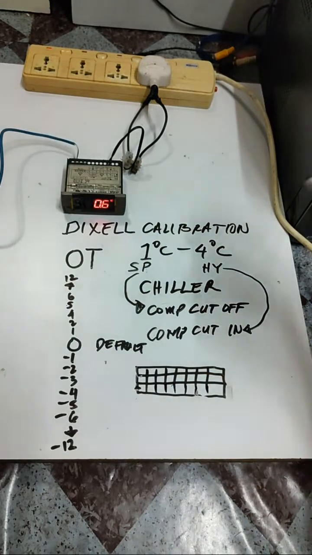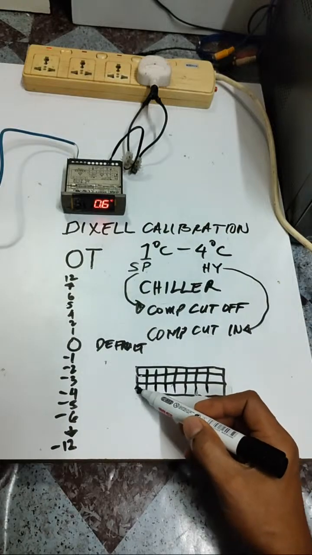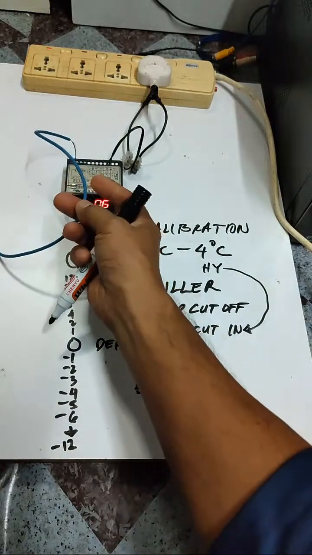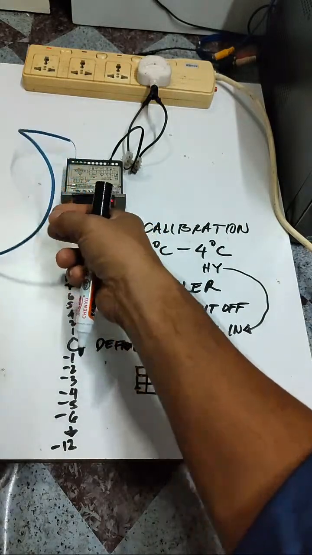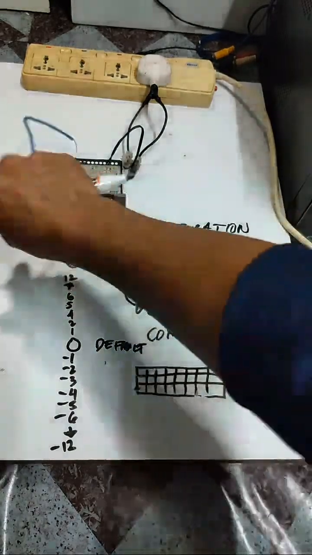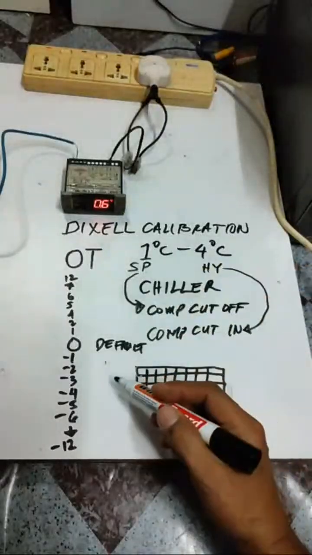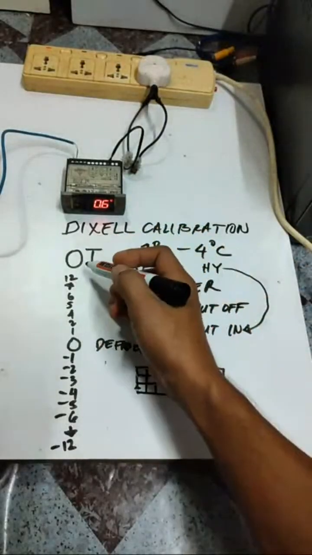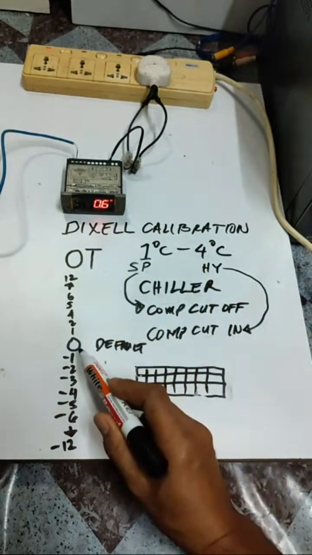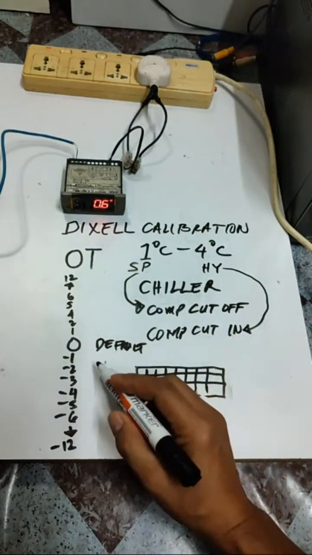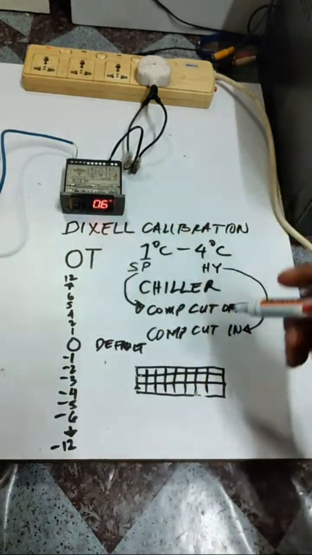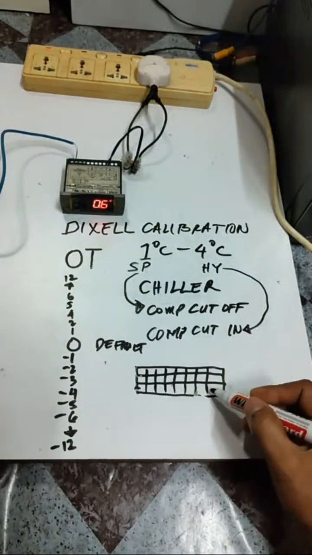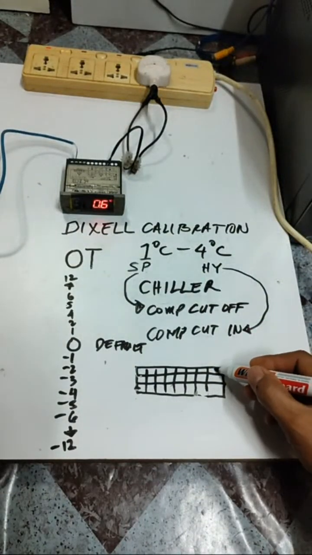Now, this sensor under reads, and this is our sensor. To make a calibration, guys, as I have said, the OT parameter is always set to 0. If you put 0 for this Dixell, you're compromising the product quality.